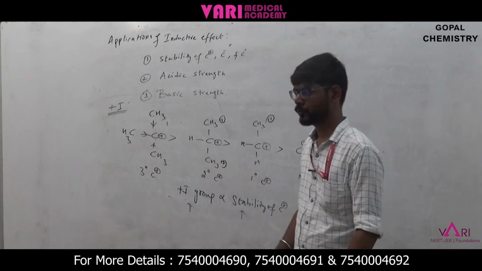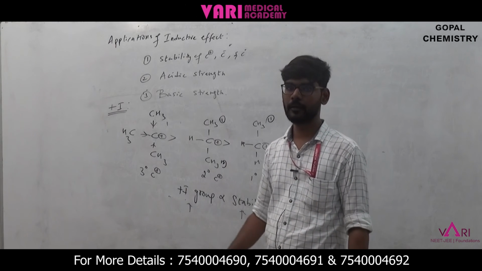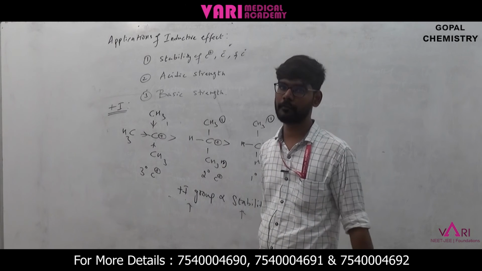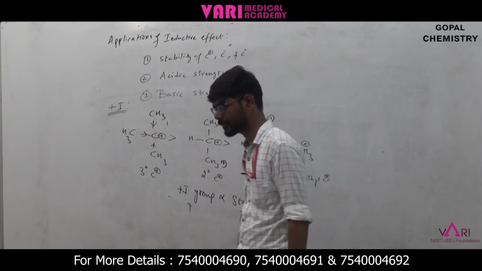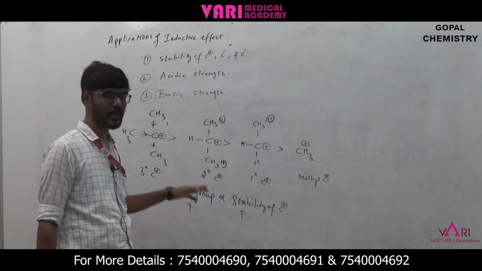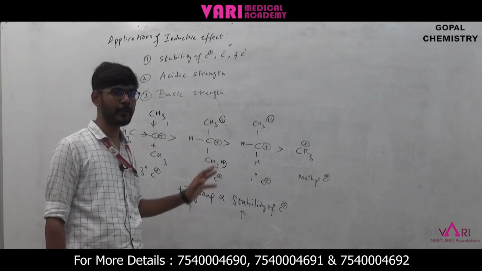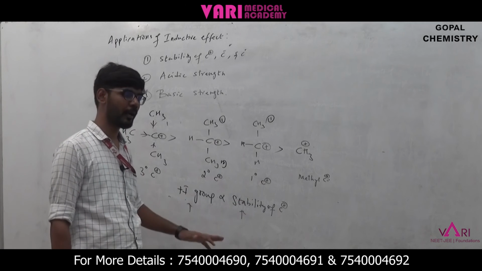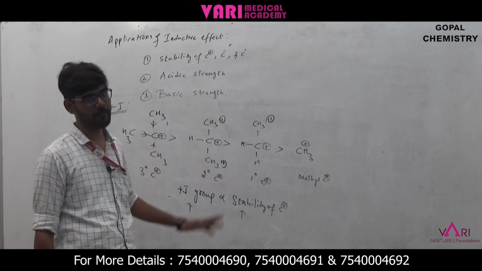Next, whichever has more plus I groups will be more stabilized. The first thing is you have to look at where the plus I groups are and which carbocation has plus I groups, and the next step is how many plus I groups or how many minus I groups are there. That will explain the stability of the carbocation.